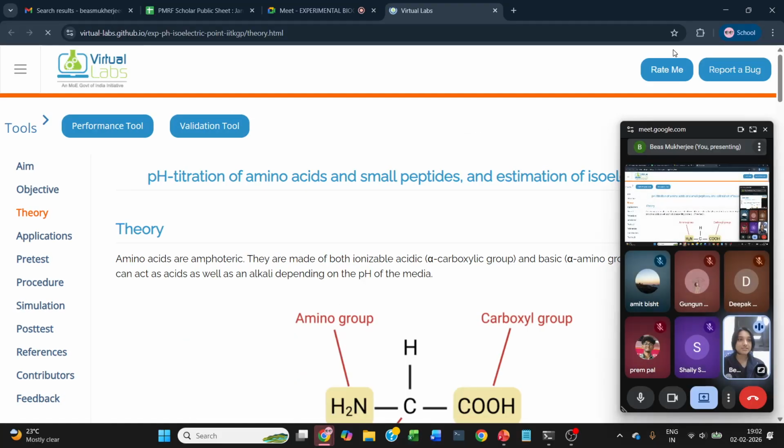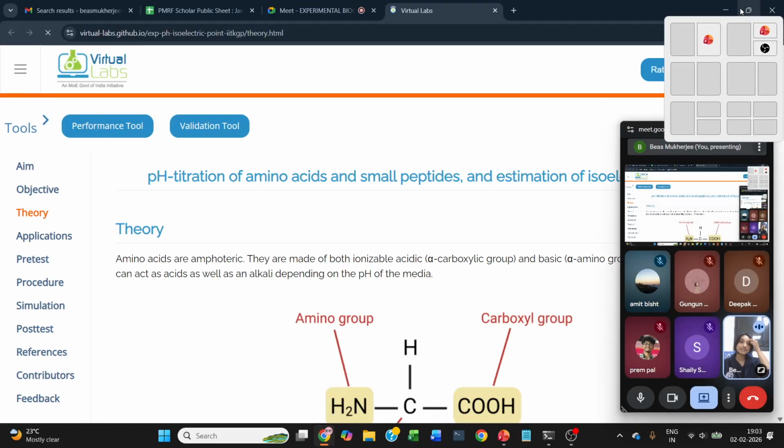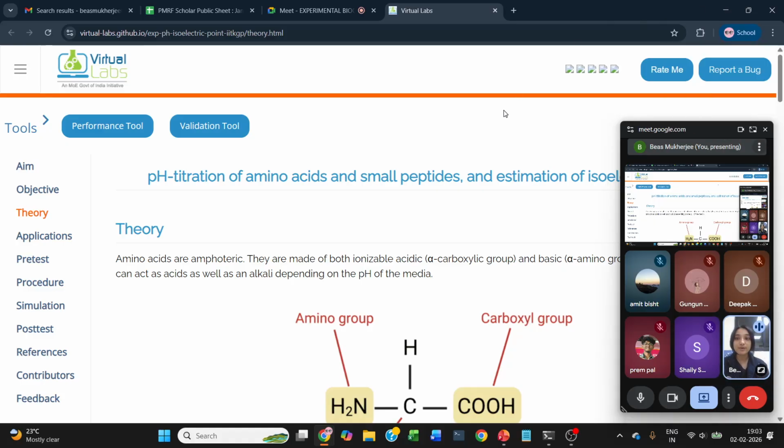Yeah, so this is the one, right? If you guys can see, so this is the one. So it's a virtual lab training program. So normally what you do in a lab, the same thing has been replicated here, okay? And here you're doing everything exactly the same way but virtually.